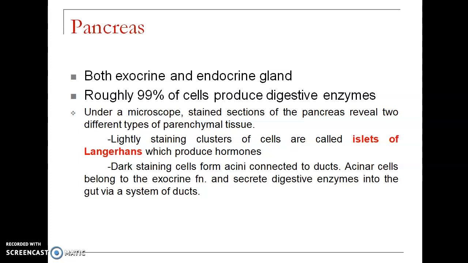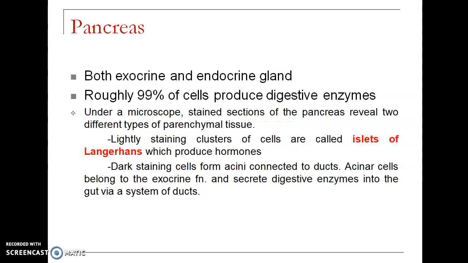They produce hormones, and they don't have any duct, so they directly release their secretion into the blood. Whereas the darkly stained cells, which we call acini or acinar cells, are connected to ducts.